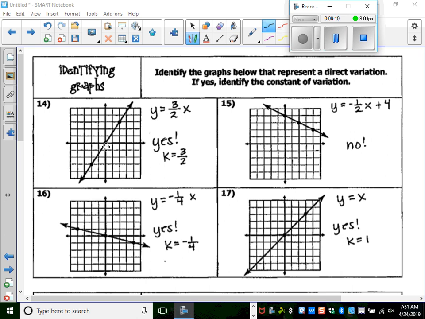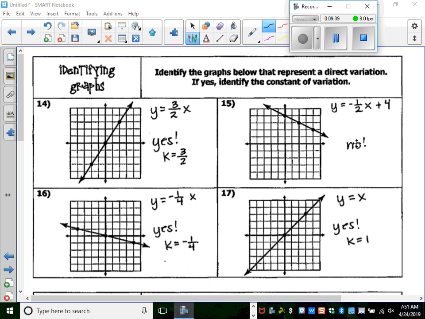So you're finding your slope. You can take these 2 points right here, or you can take these 2 here, doesn't matter. So if I go over 1, 2, 3, my rise is 3, and this is 2. So your slope is 3/2, which is also your constant. So y equals 3/2 x.